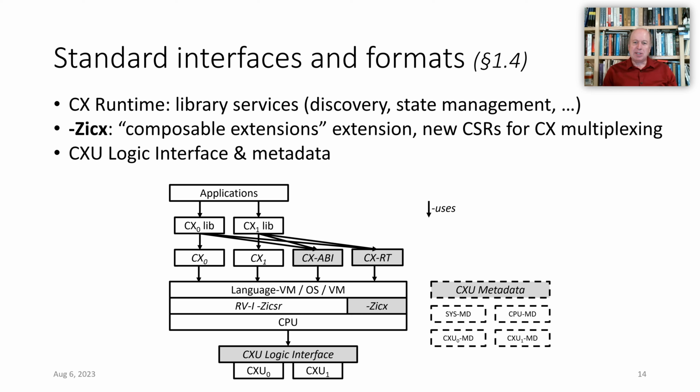The first is the CX runtime, or CXRT here. This provides common CX library services, including extension discovery, selection, and state management. Then there's Zicx, which you might think of as the composable extensions extension, which combines custom instructions with new CSRs that provide extension multiplexing. Then down in the hardware, the CXU logic interface and metadata provide glueless automatic composition of cores into systems.